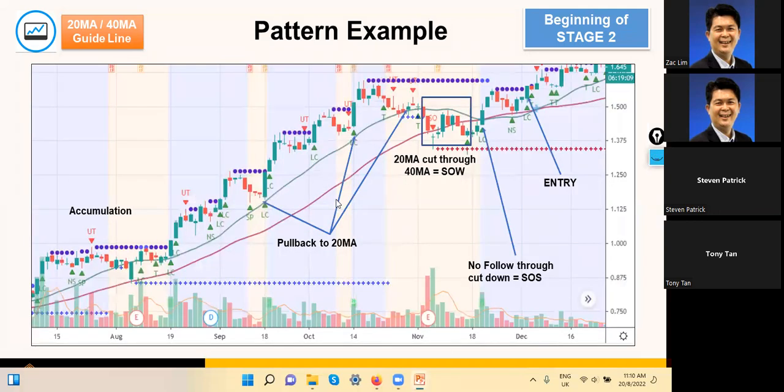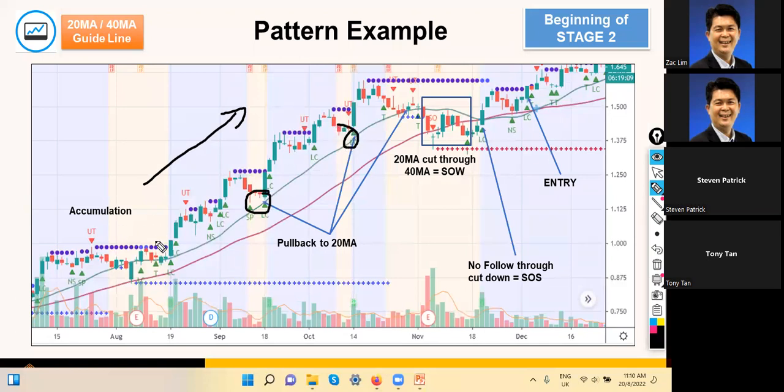For the 20 moving average, you can see it's quite near to the 20 moving average, but sometimes this one looks like a very clear uptrend. If you see some stock moving up slowly, this creates a very good entrance for us.